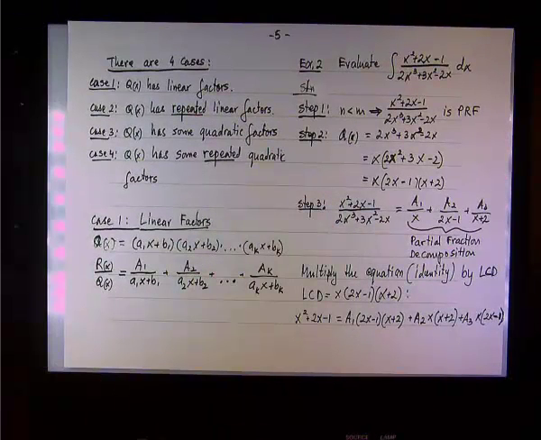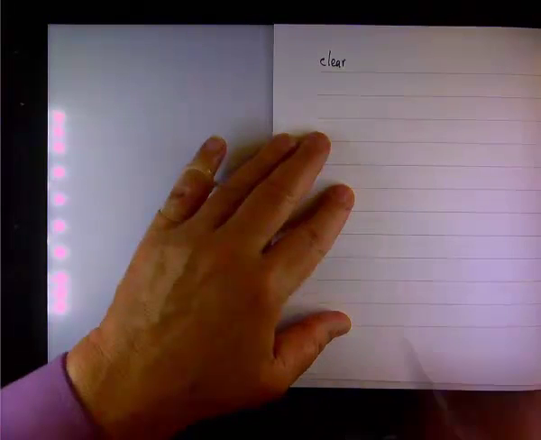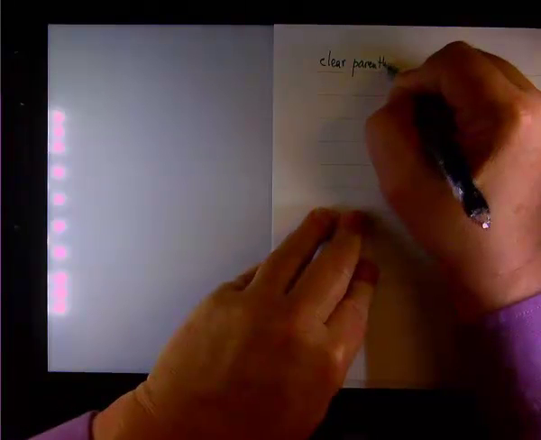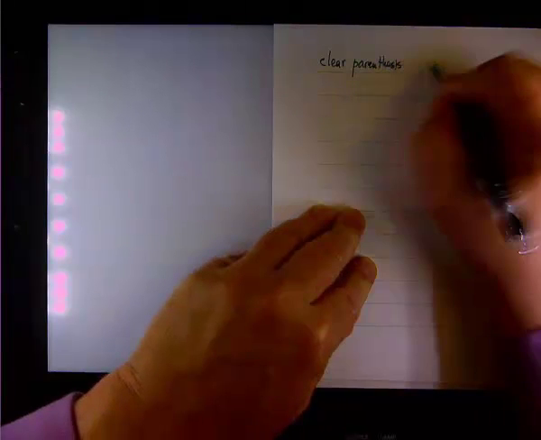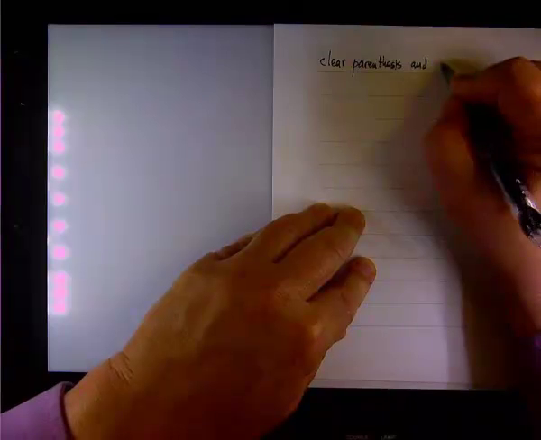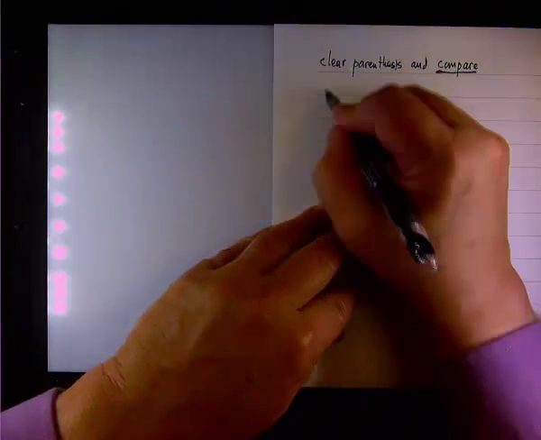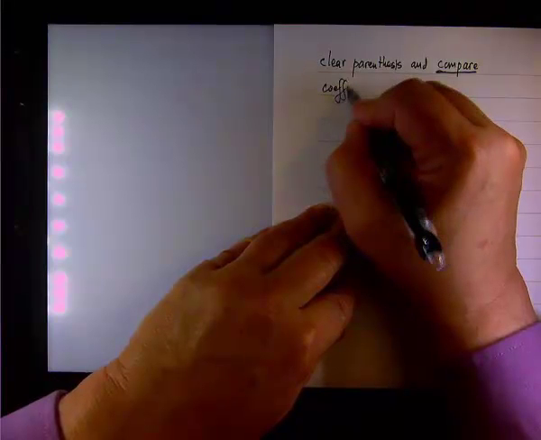Make sense? So the next step is to multiply, or clear parentheses, and compare coefficients. Let me do the split here, so I don't have to hold two pages, but I need to look at it as well, so you can see it.